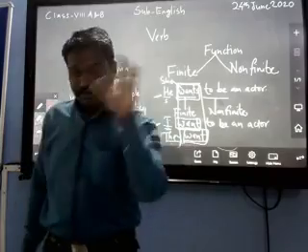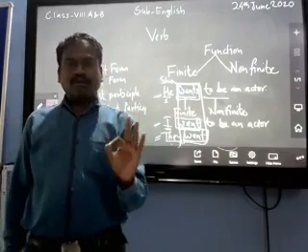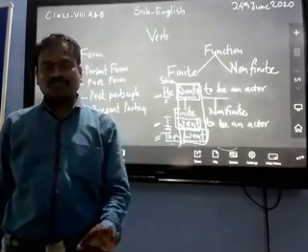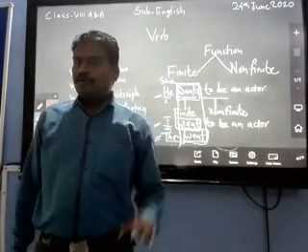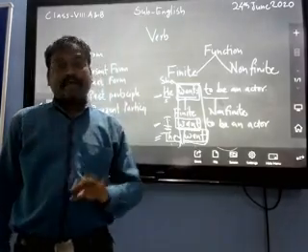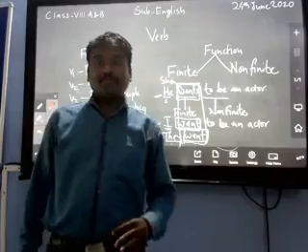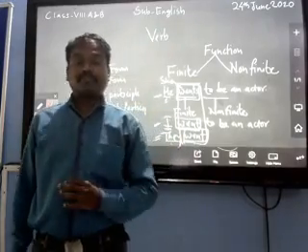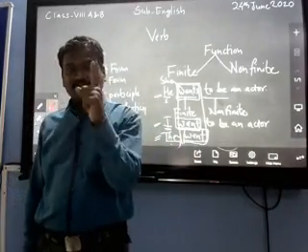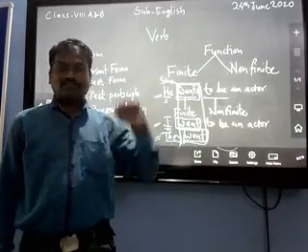This is one thing in finite verb. First thing, according to the person and number of the subject, the form of the verb may get changed. You may note it down. This is the first thing which is very important about the finite verb.